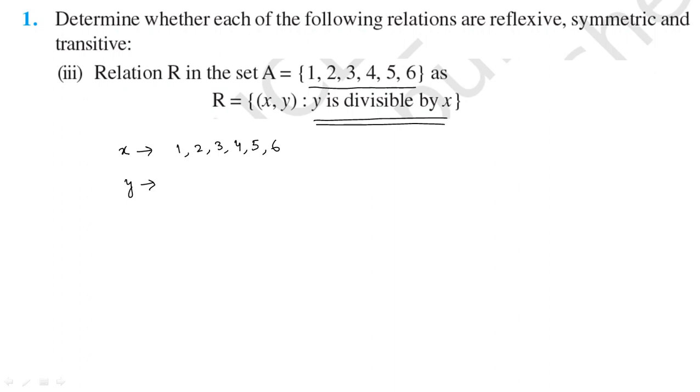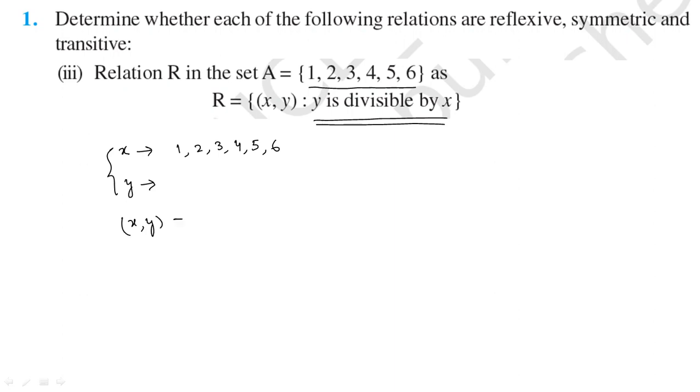If I am writing y is divisible by x, then what are the points? In first combination, what I can write? Suppose I am writing pairs here, (x, y).